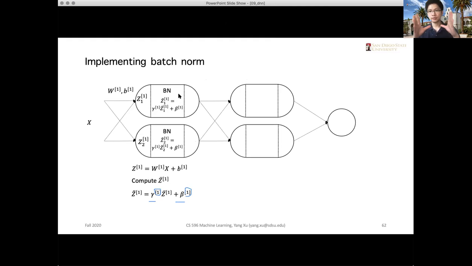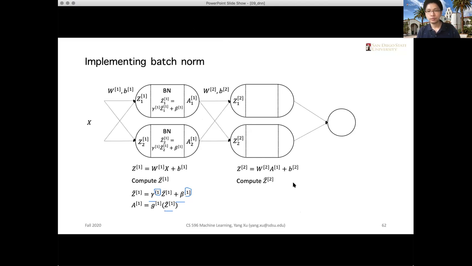So this is the so-called batch norm step. And once the Z tilde is computed, then the A1 is computed on top of the Z tilde instead of the original Z's. And these activations will be forward passed to the next layer, in which we have W2 and B2, and then we compute the Z2 in a regular way.